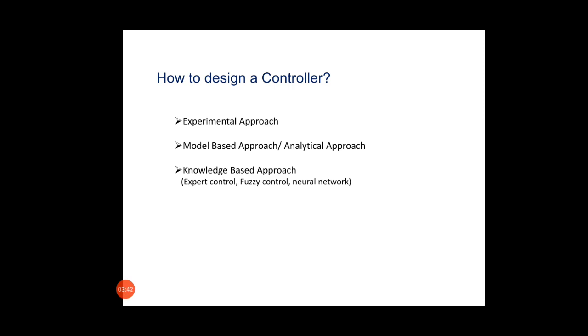Once this mathematical model is available, we are more knowledgeable about the characteristics of the system quantitatively, and this quantitative information is used to design a controller using an analytical method of design. So once I design such a controller using this method, I hope to get, or I do get, better control on the system.